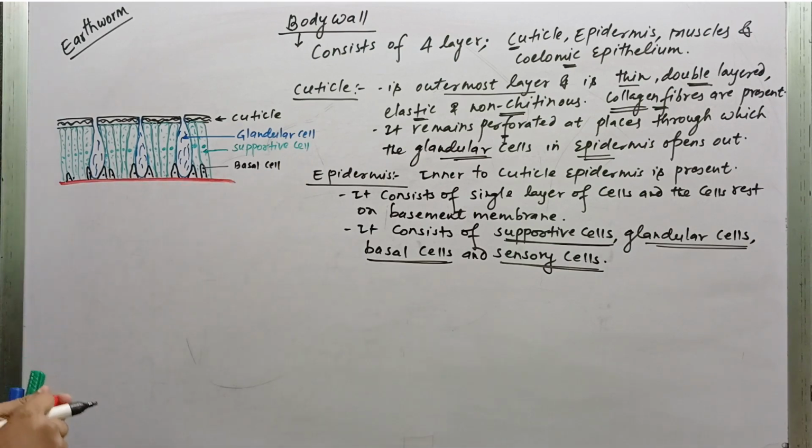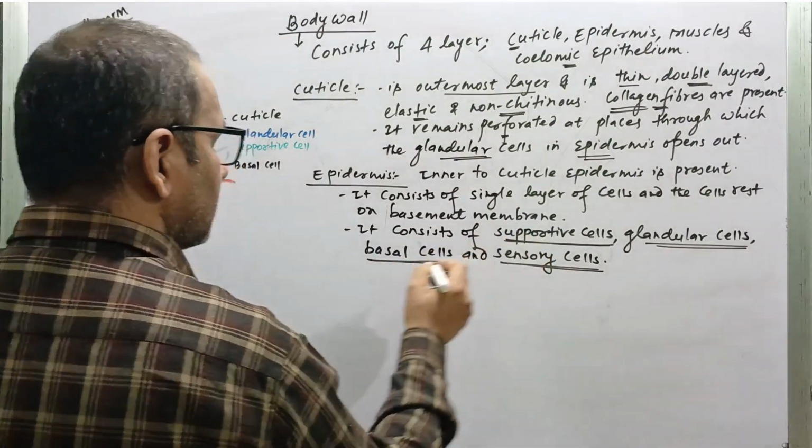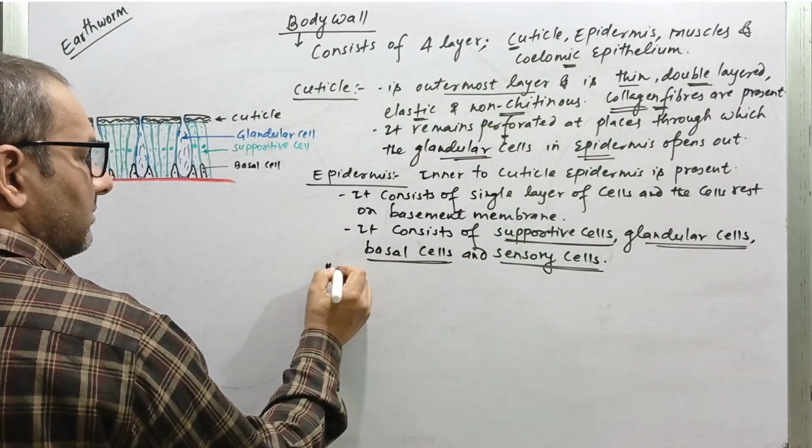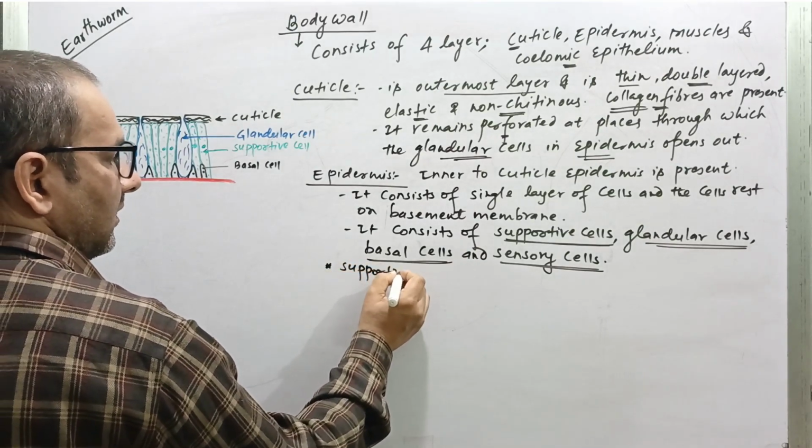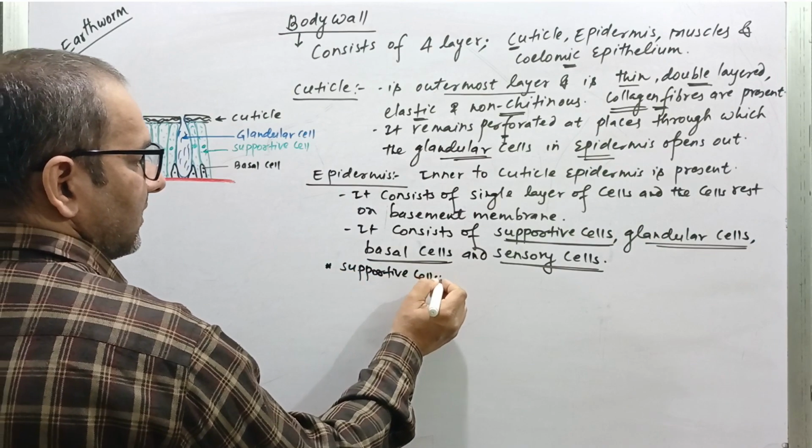So now let's study about the different types of the cells. The first type is supportive cells.